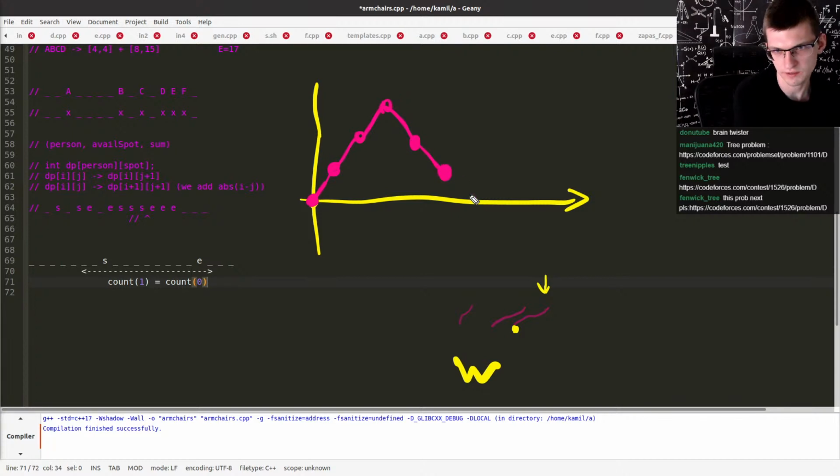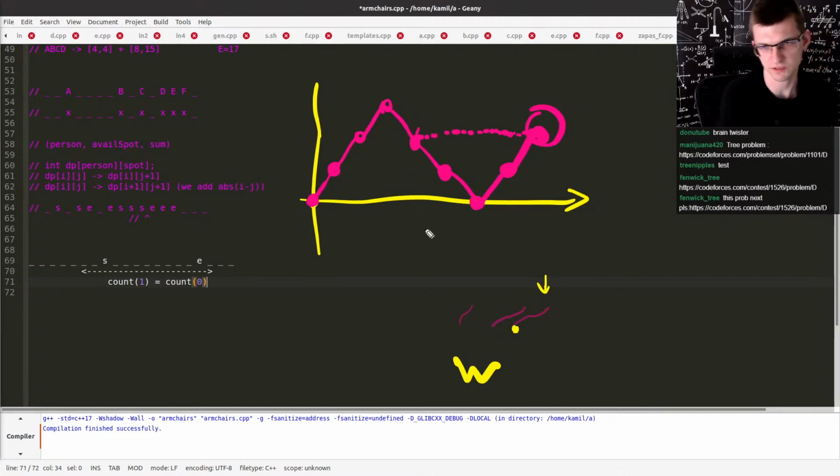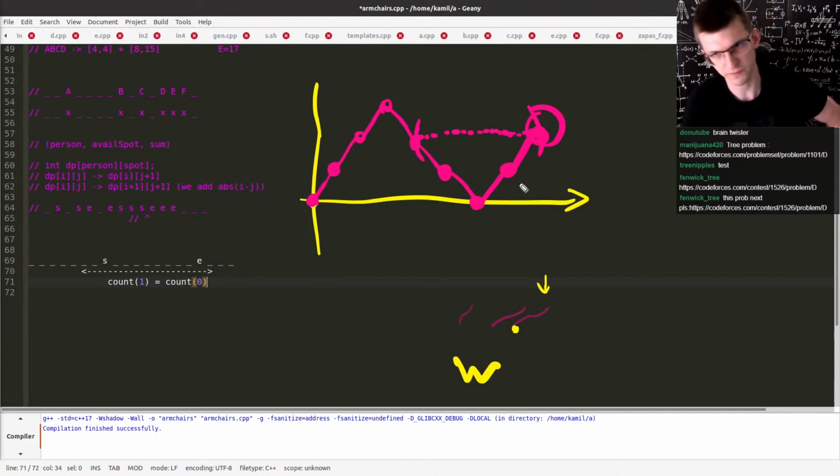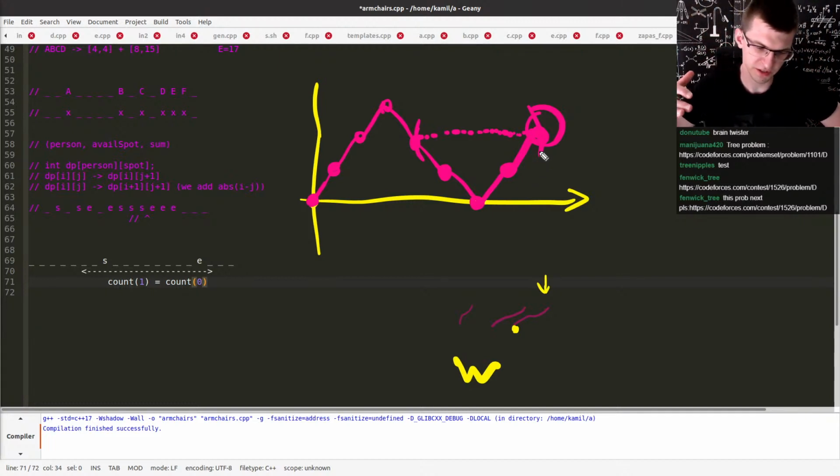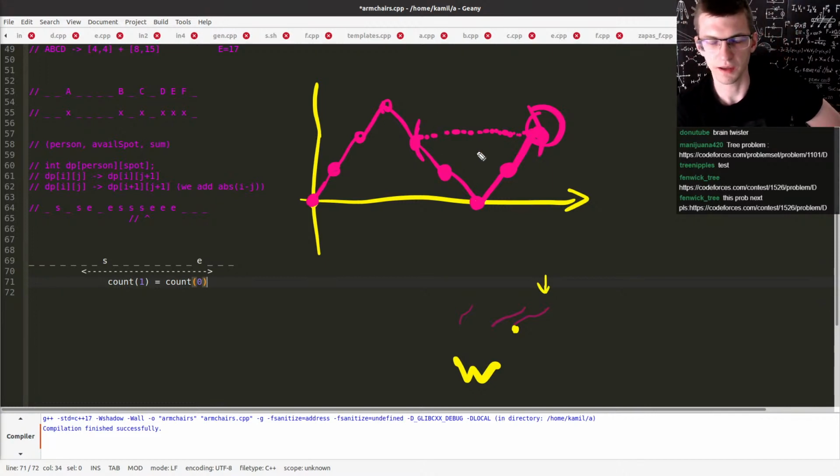And always, when you have a new value, like this guy, you can, from this, go to the left and you will meet some first position on the same height, the previous point on the same height. Then if it's on the same height, then this interval has balance of 0. For every new point, you will just go to the left and stop at the first point. And that's it. This is why there's linear number of them. We can easily find those candidates.